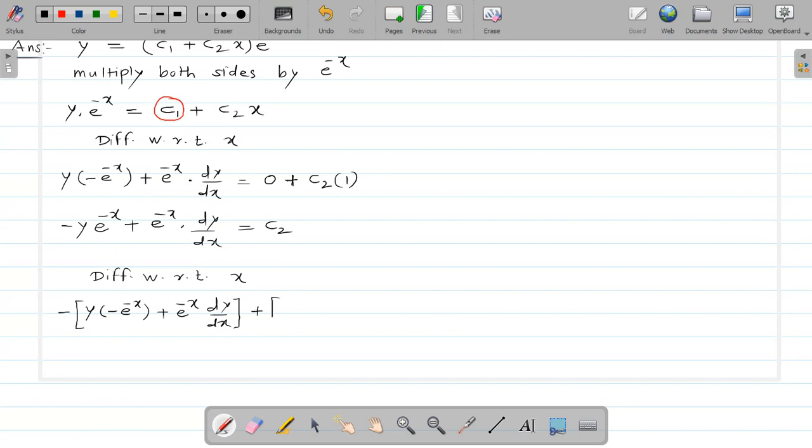Plus now in the next bracket differentiate e raised to minus x into dy by dx. Keep e raised to minus x as it is into derivative of dy by dx, which is d square y upon dx square, plus dy by dx as it is into derivative of e raised to minus x, which is minus e raised to minus x. So it is completed, and on the right hand side it will be 0.